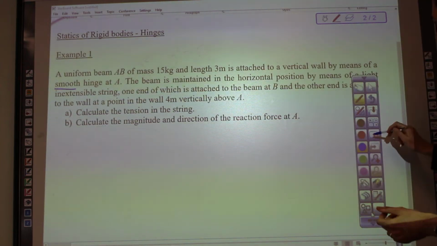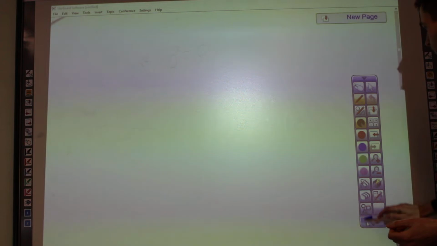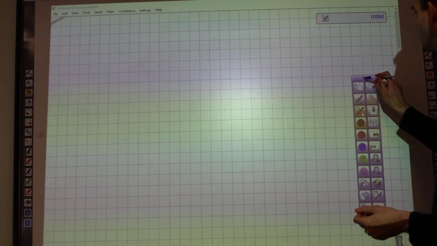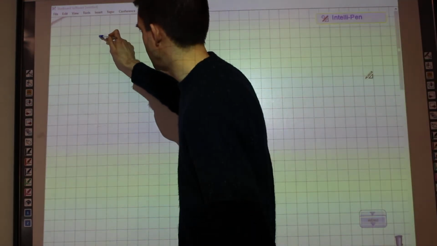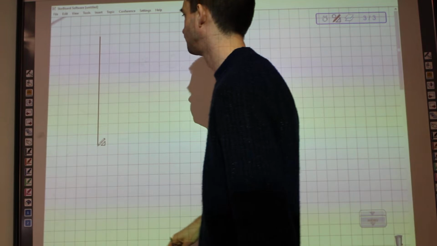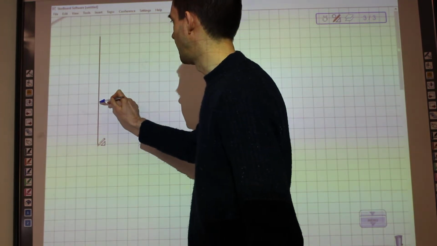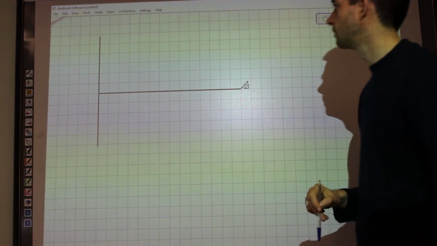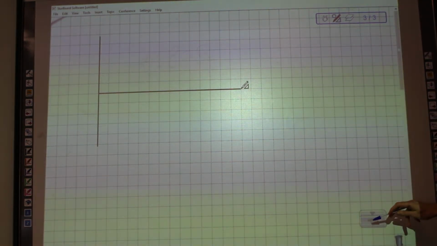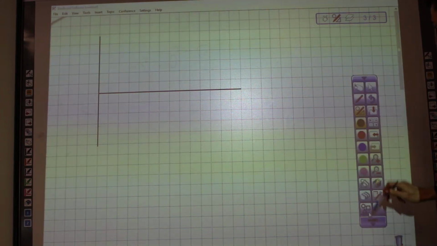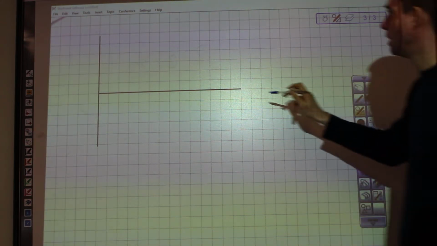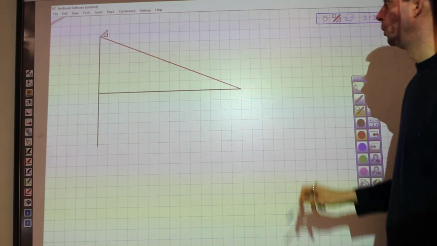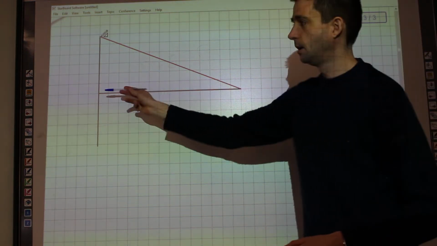Right, so let's get this into a diagram. First of all then, we have a vertical wall, and then we have a uniform plank, AB. And then we have a light inextensible string which is holding that plank horizontally.